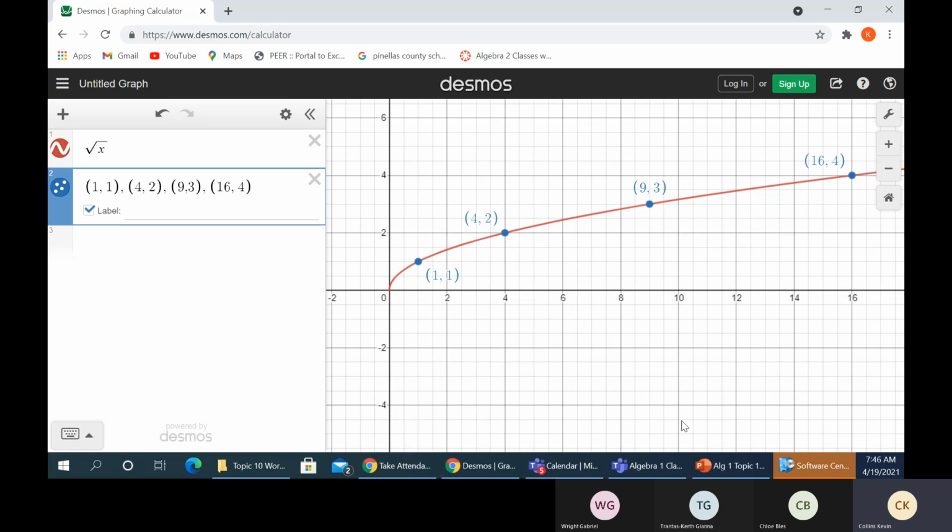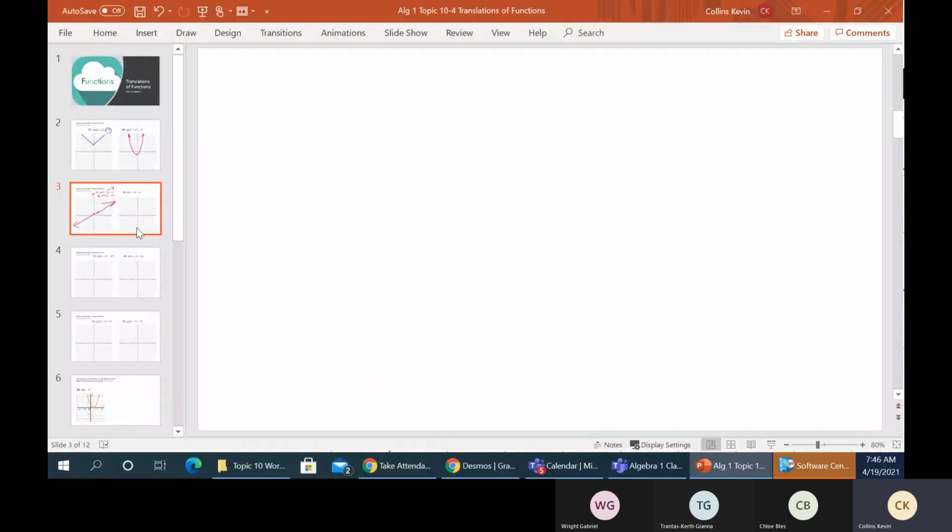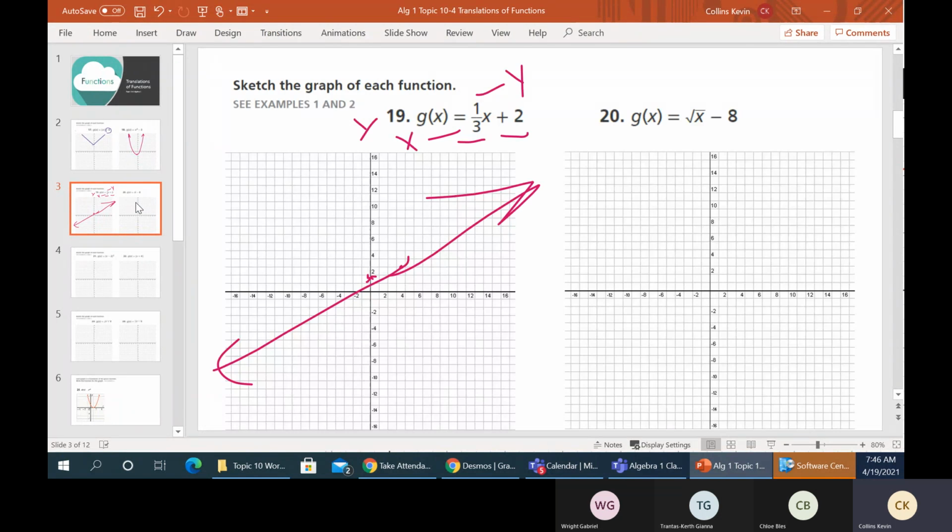Okay, so then our original thing, let's go back to our regularly scheduled program. There we go. Was the square root of x, which we just plotted, right? And then minus 8. So again, what does the minus 8 do for us?